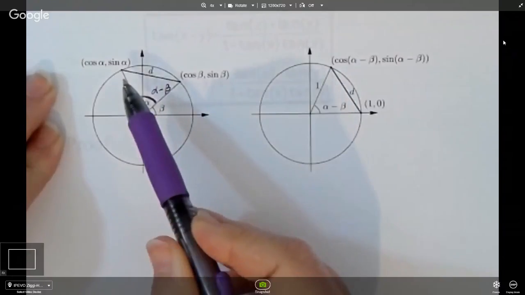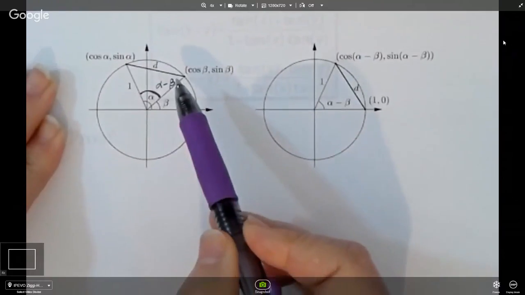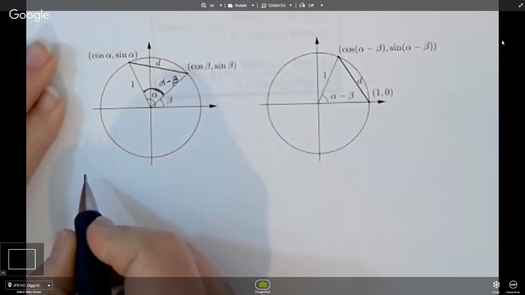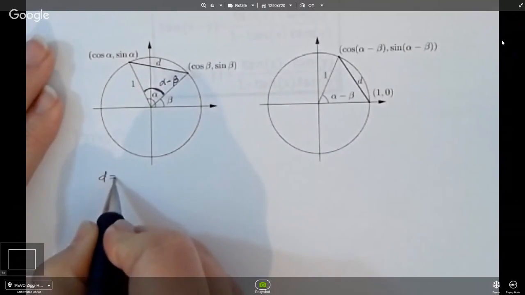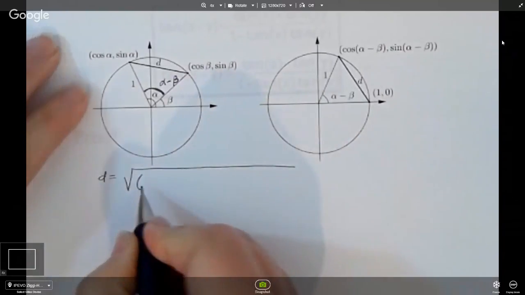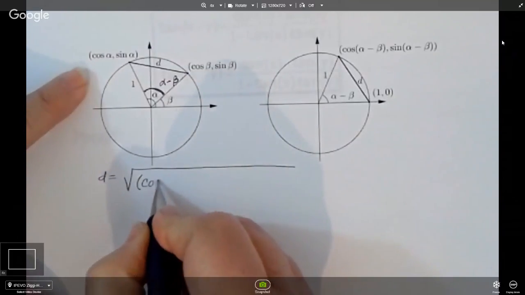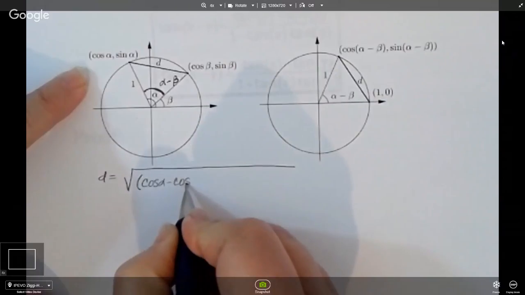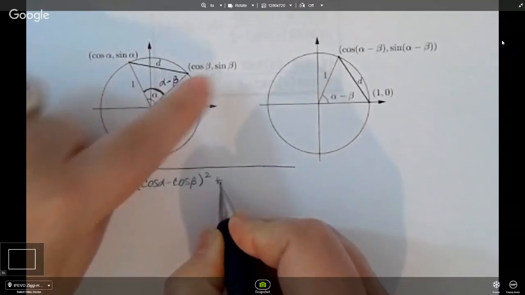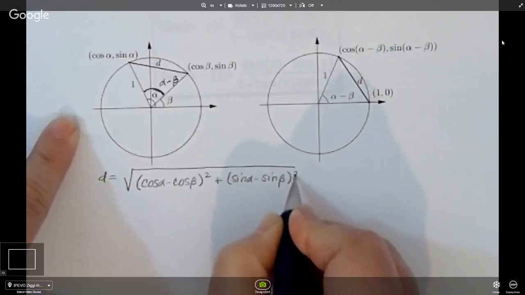Now, if I were to figure out what this distance was using the distance formula that you guys learned in geometry so long ago, I would say, all right, well, D equals the square root of, and it would be a long square root, x2 minus x1, which would be cosine of alpha minus cosine of beta, quantity squared, plus the sine of alpha minus the sine of beta, quantity squared.